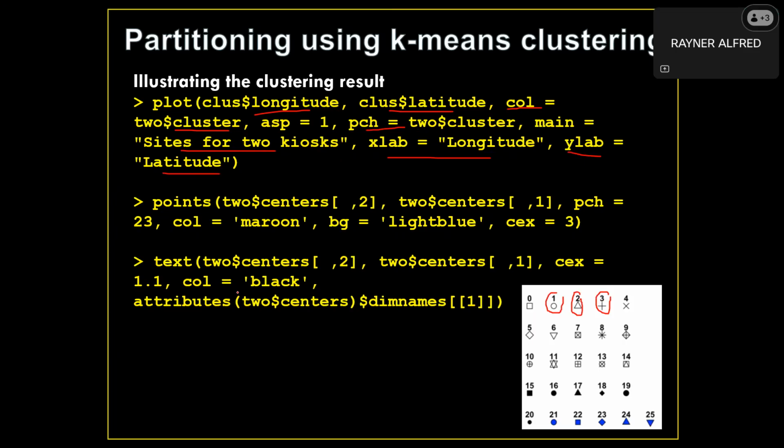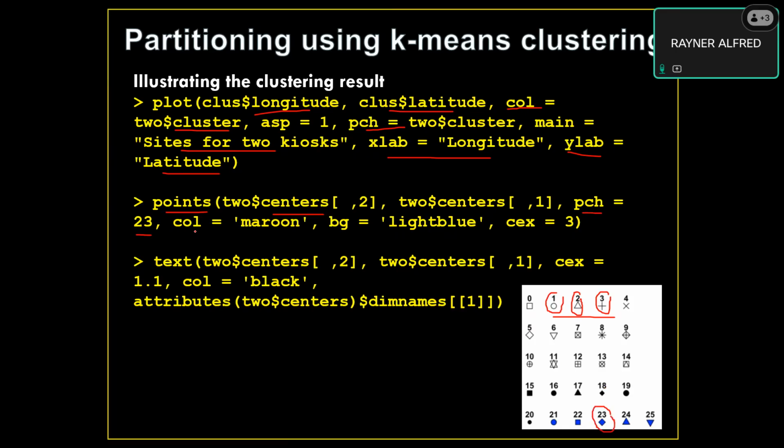Okay. And this is only to label all the clusters. We also need to label the center. So we highlight the center for those clusters, and the symbol that we use will be 23, which is this one.